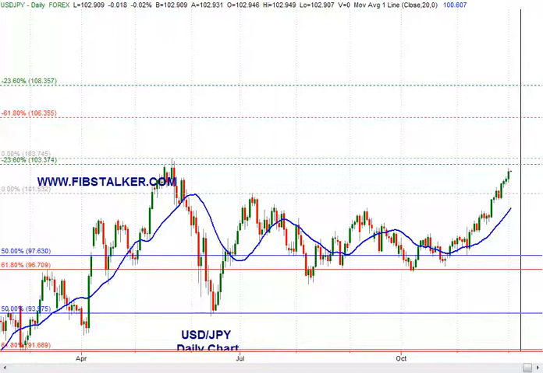The dollar is strong at the moment and might continue higher, which would bring this pair even higher. So I believe we will eventually see price getting to this 106, and then eventually 108.35.